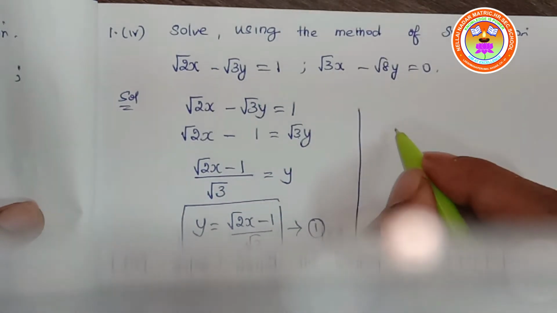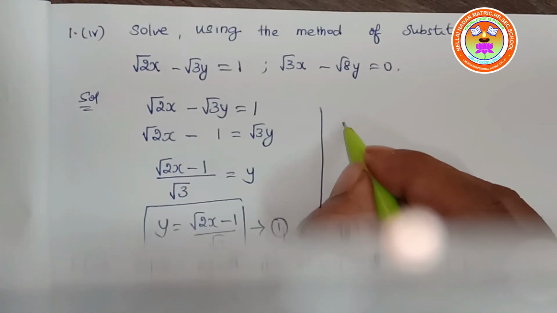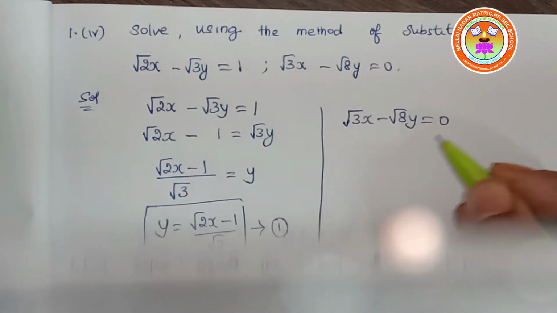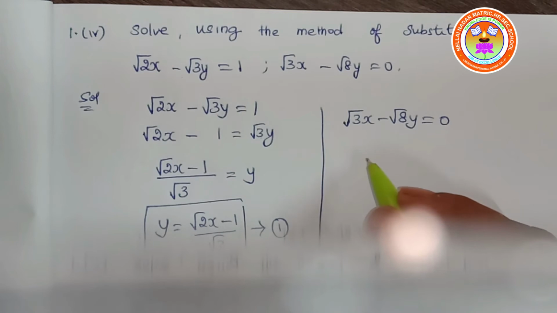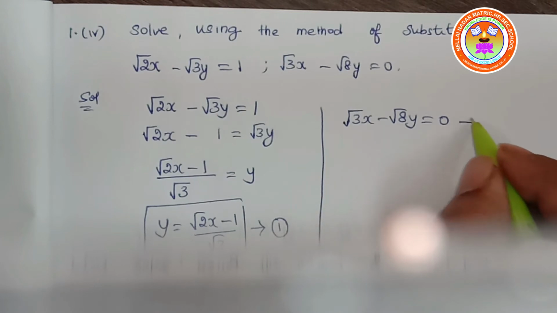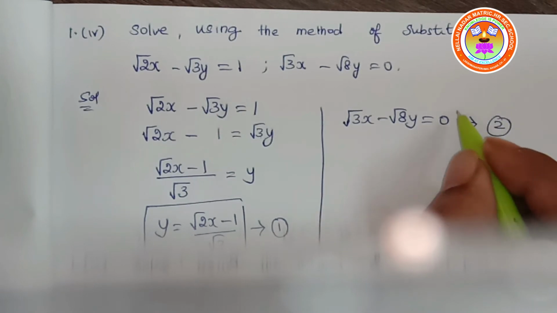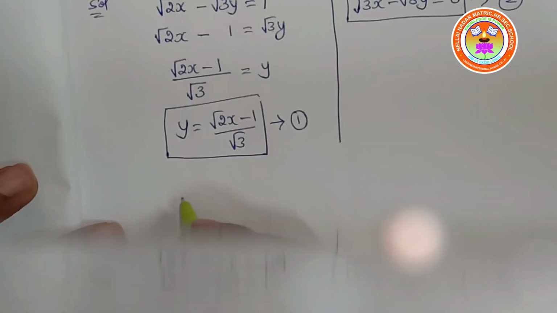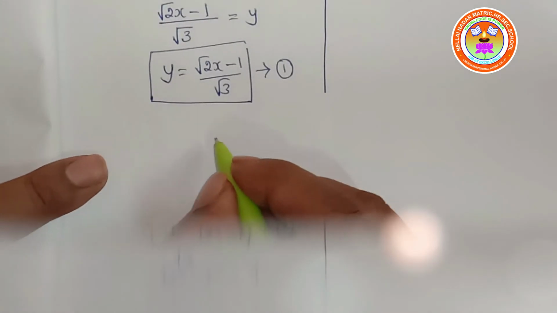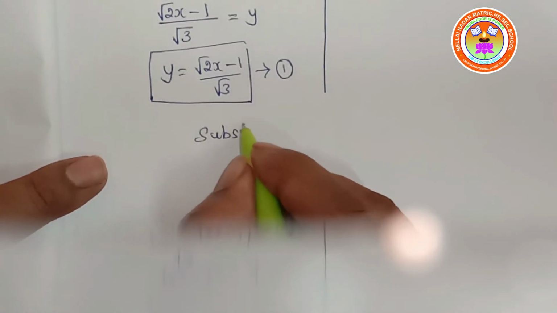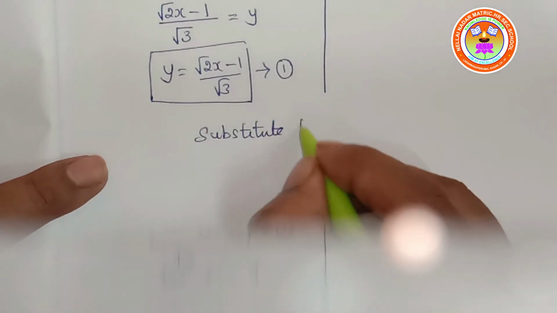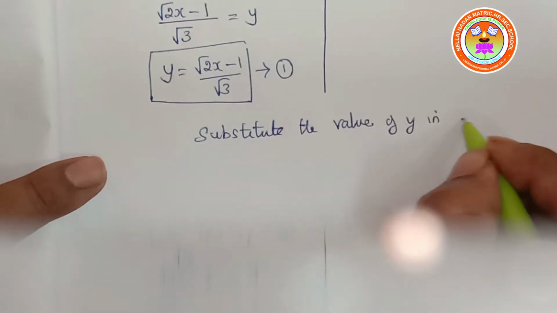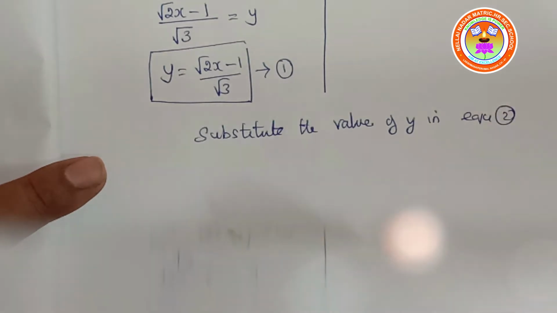Then another equation is given as root 3x minus root 8y equal to 0. You consider this as equation number 2. Substitute the value of y in equation 2.